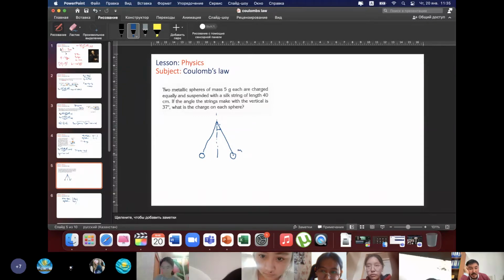This one is 5 and this one is 5 also. The length of the string here is 40 centimeters. Now what you have to find? You have to find the charge of each sphere. By the way, they are equal.